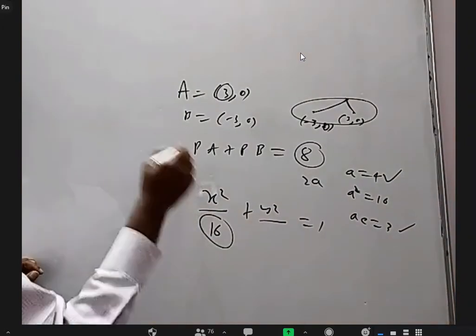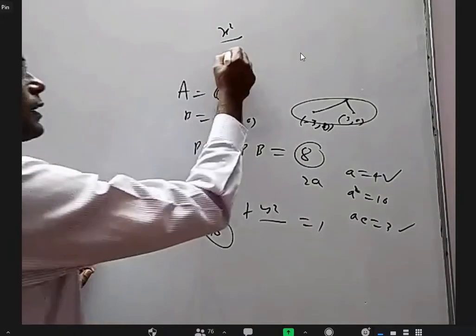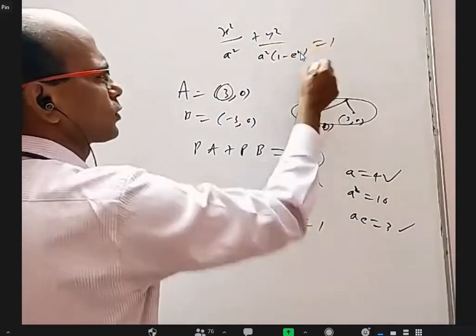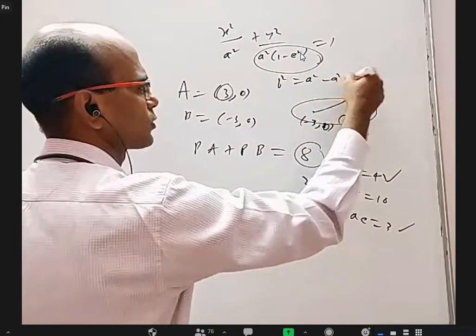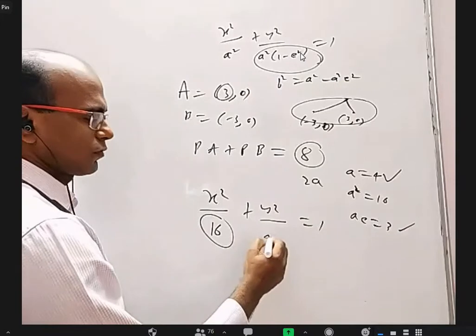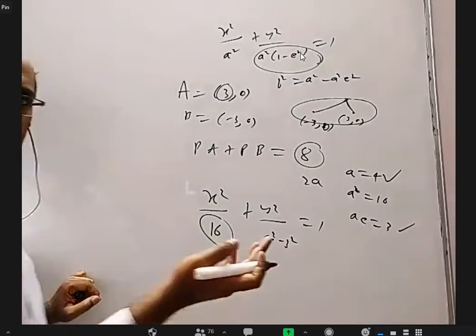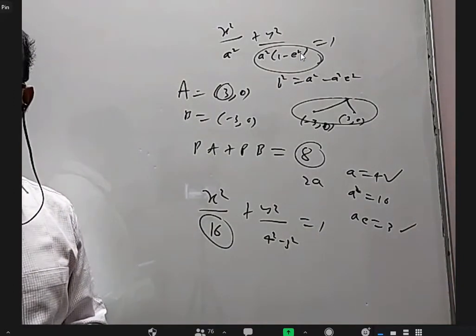In fact, right in the beginning, we got x square by a square plus y square by a square into 1 minus e square equal to 1, and this we called b square. So b square equal to a square minus a square e square. So you'll get here 4 square minus 3 square, because 4 square is a square and 3 square is a square e square. That's it, we got the answer, right?